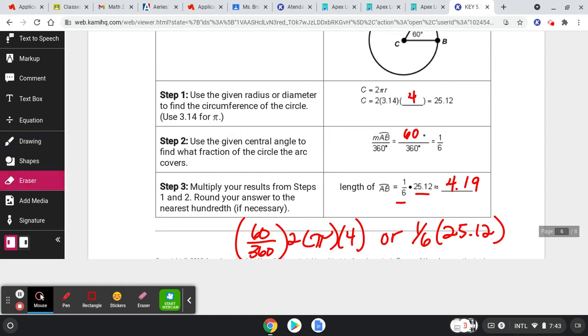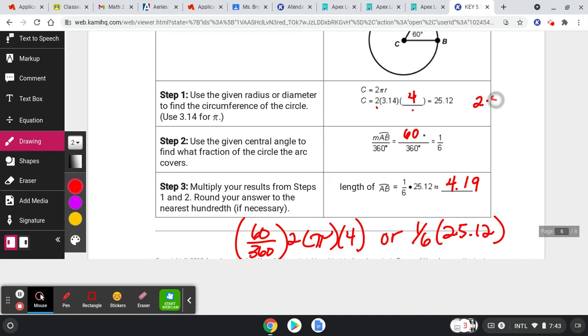Now remember, we're not only going to be giving the answers as an approximation, but we're going to give an exact answer in terms of pi. So up here, if it's 2 pi r, 2 times 4 times pi would be 8 pi. And then it's 60 over 360 times that 8 pi. That's going to give us 480 pi over 360.